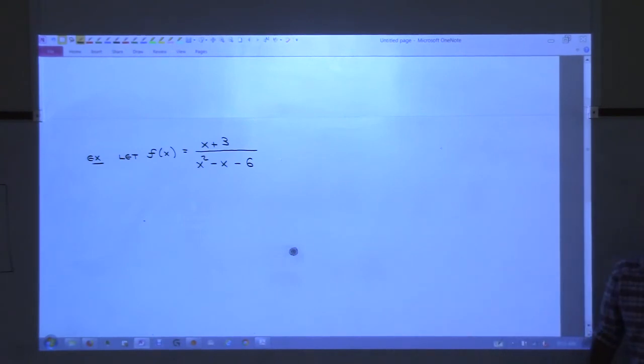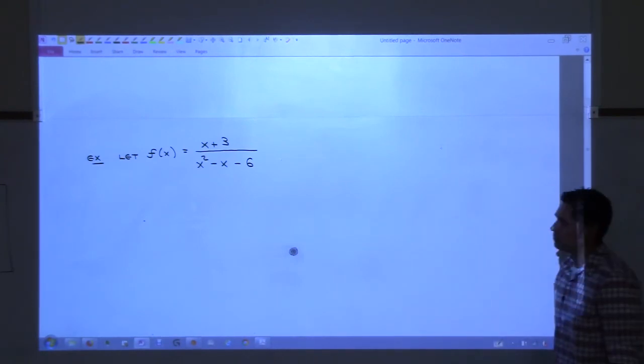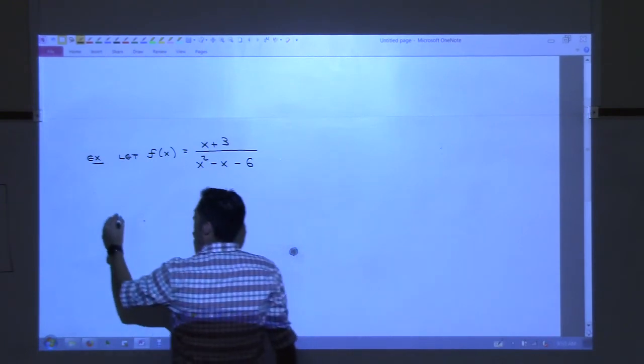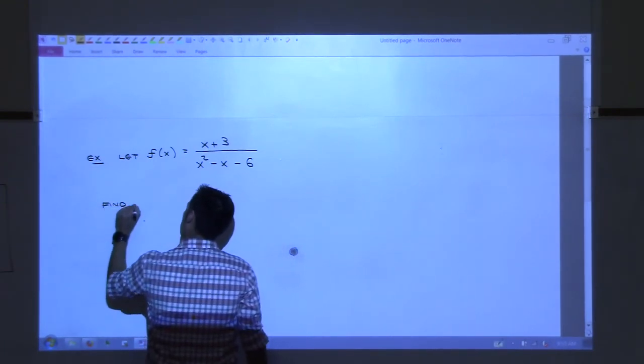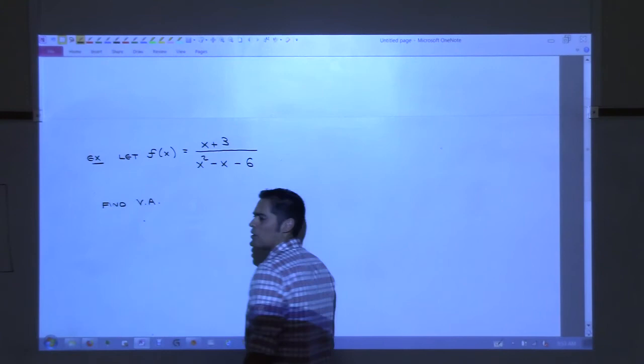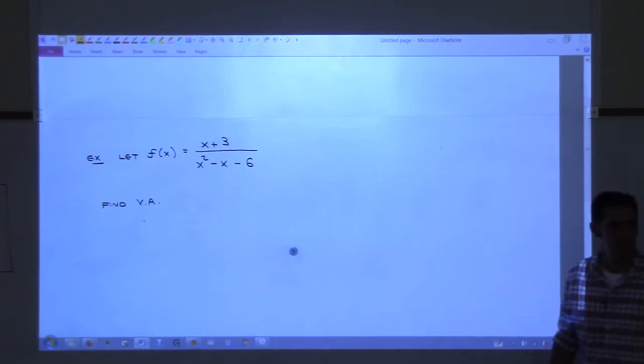Okay, I've just given you a rational function. I want you to find the vertical asymptotes. I'm going to abbreviate it. Find the vertical asymptotes of this function.